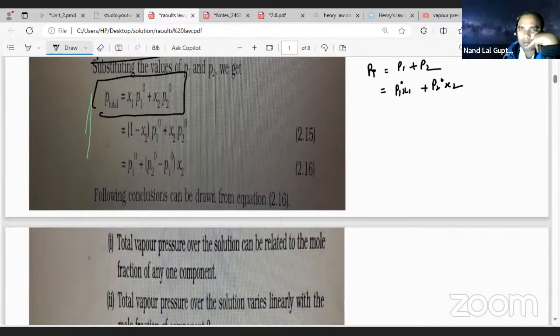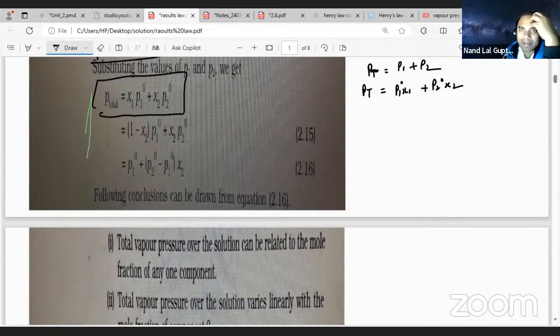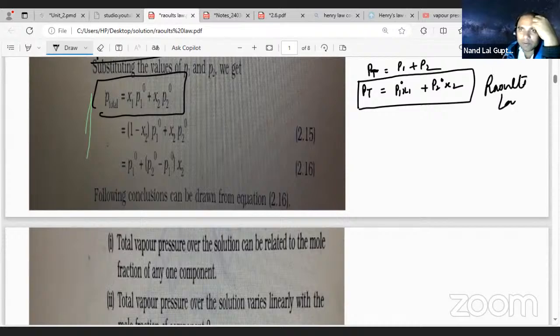PT means the total pressure of the solute and solvent. You can calculate this by using this equation. This is Raoult's law only.